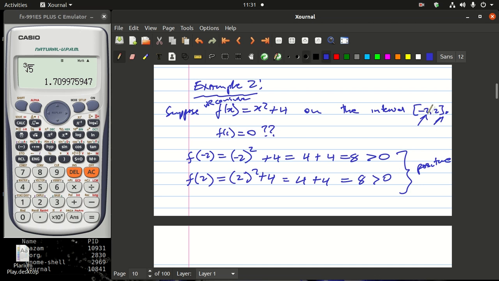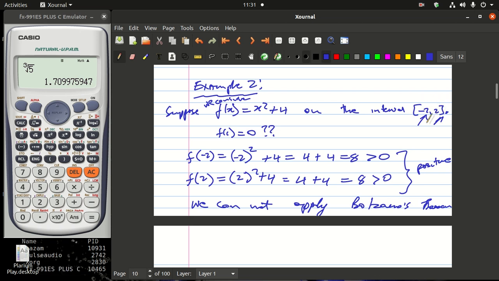Because both of the outputs at these values are positive, we cannot apply Bolzano's theorem in this particular case. We also cannot say that, because the output of this is positive and the output of this is positive, there is no root inside.